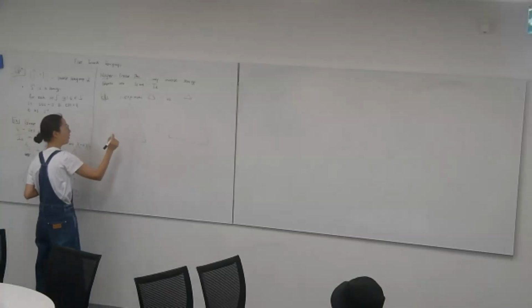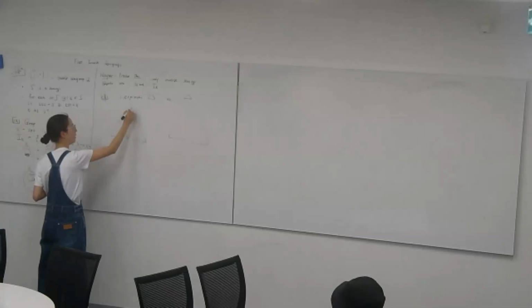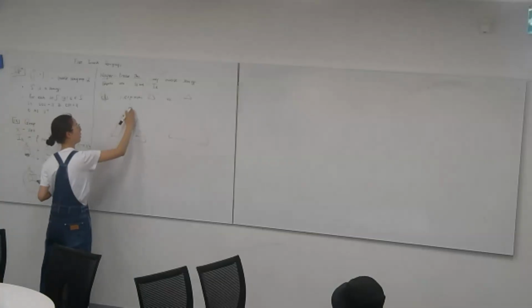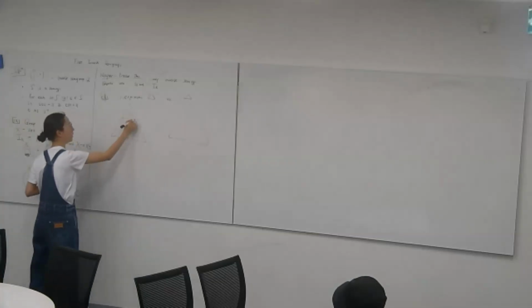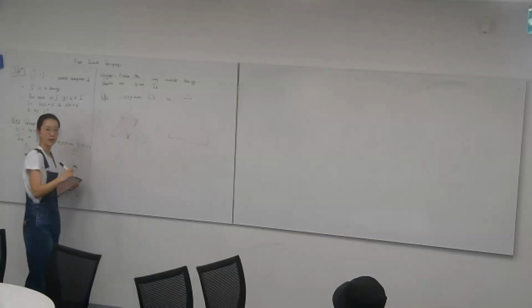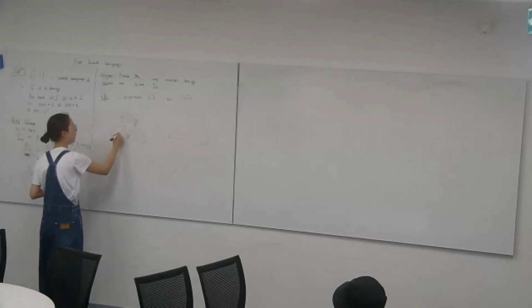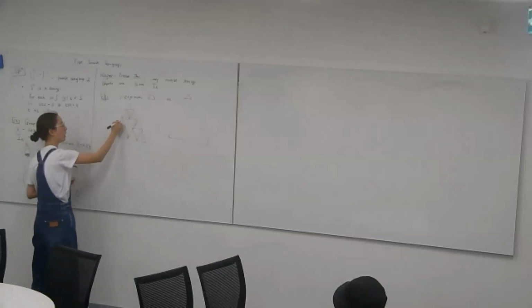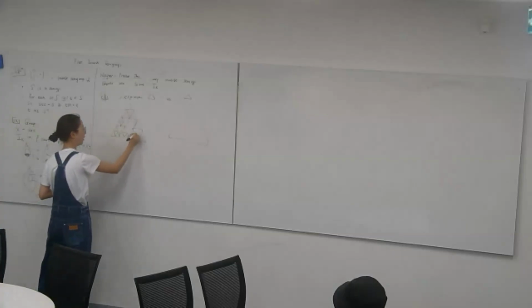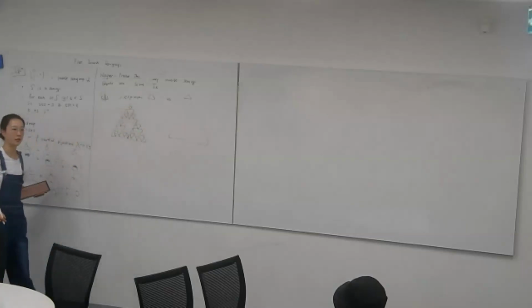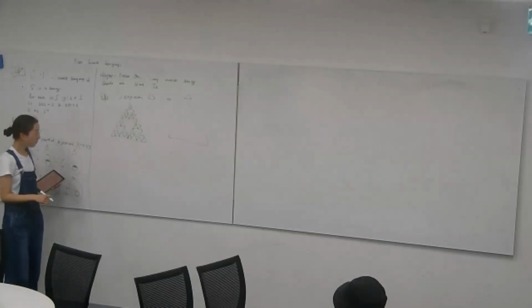There's this triangle, and imagine this was black colored, but I just removed this middle bit. So this is white, it's removed. And then you do the same process to these three triangles, and then again, and then again.